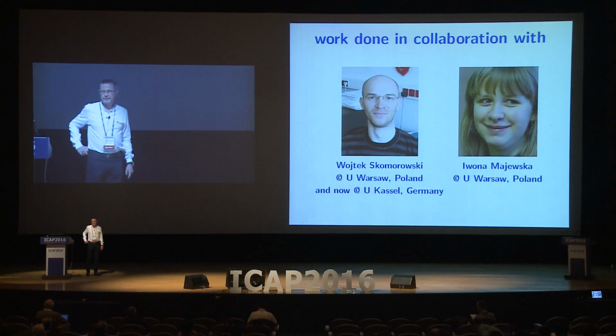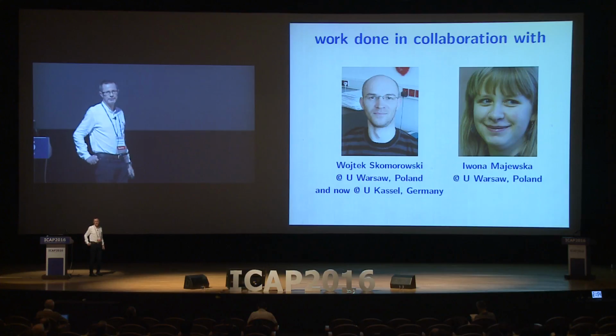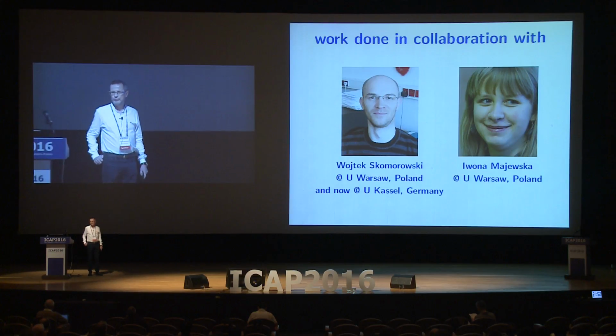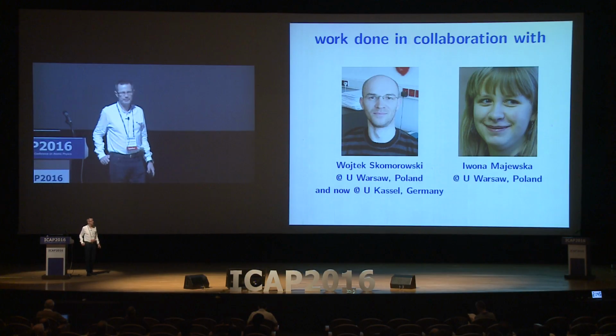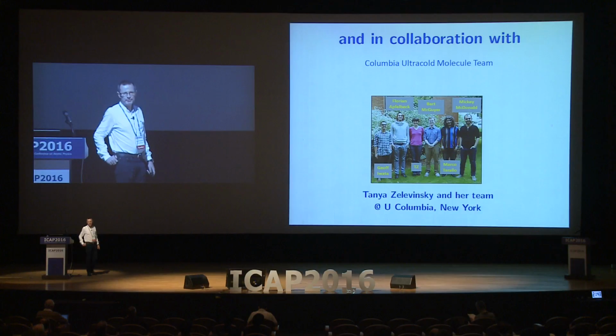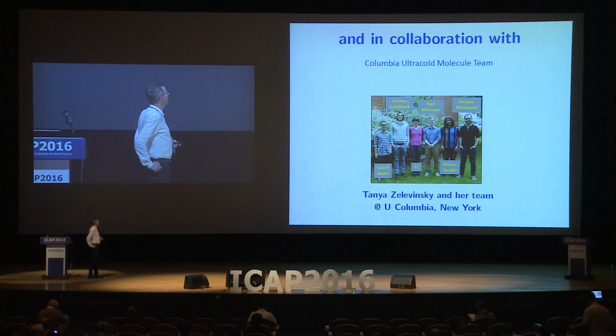On the theory side, the work was done by my PhD students, Wojtek Skomorowski, who is now a Humboldt Fellow at the University of Kassel, and then by Iwona Majewska, who just joined the group. And nothing would happen without a precious collaboration with the Z-Lab.